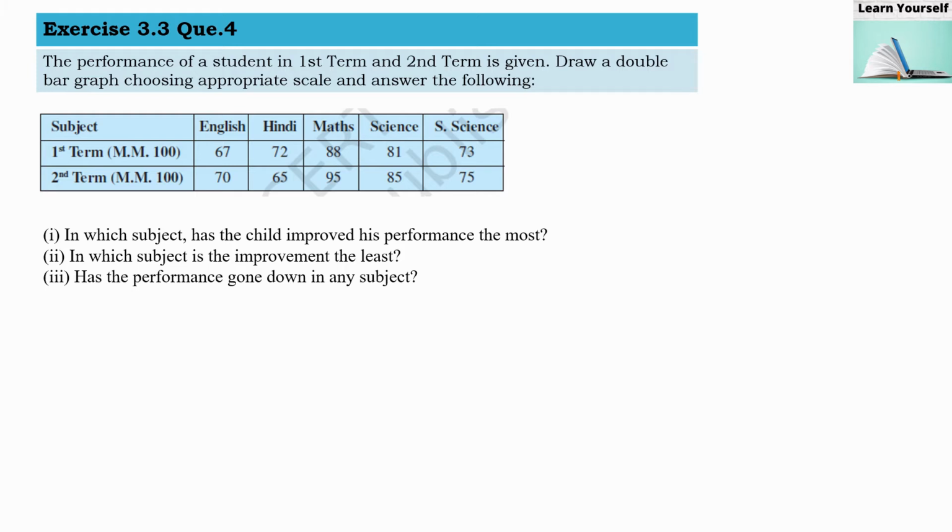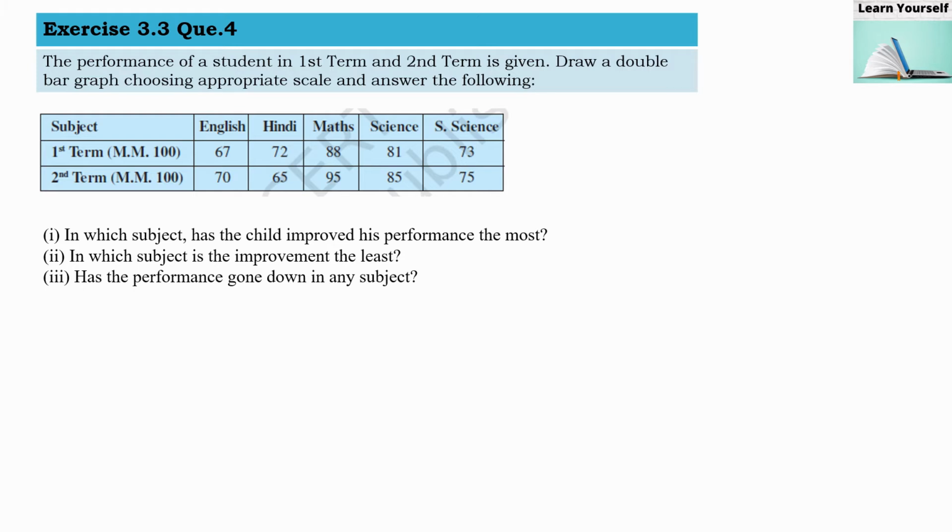So what is a double bar graph and when are we using a double bar graph? When we are doing a comparative study, like here where we are comparing one student's marks for term 1 and term 2, then we choose the double bar graph method. In this method it is very easy to compare whether his performance was good in term 1 or in term 2.